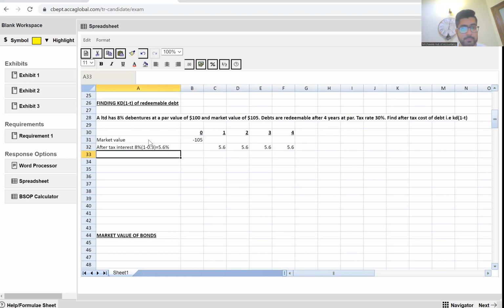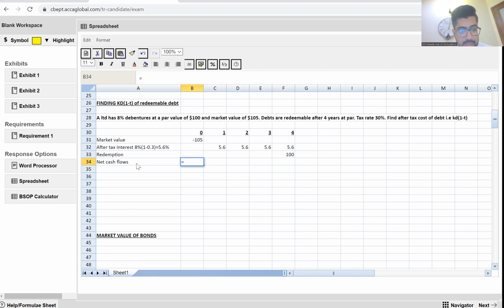And then there is redemption at par, which is 100. So these are the 3 transactions: market value outflow, after tax interest, which is an inflow for 4 years, and redemption. Then you get net cash flows. So net cash flows are negative 105.